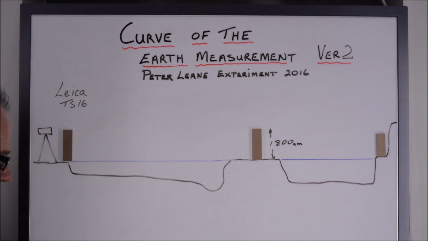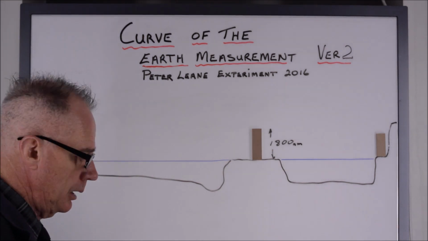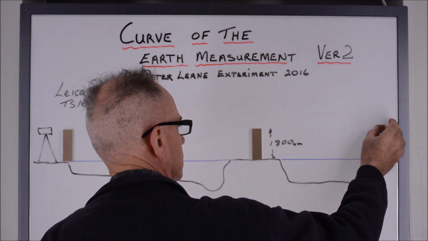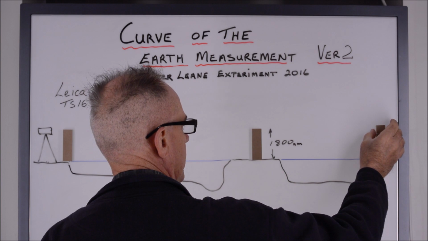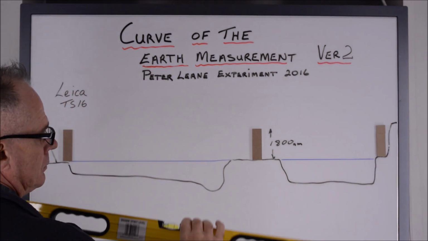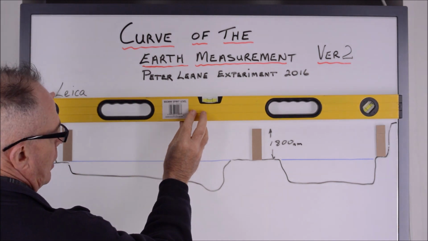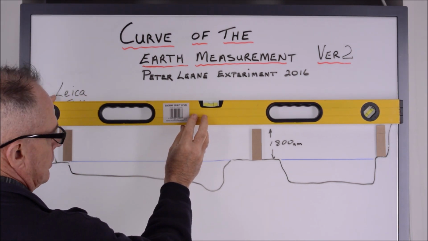If the Earth is flat, we will need to add 50 millimetres to our end column.